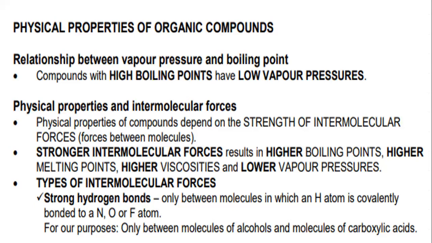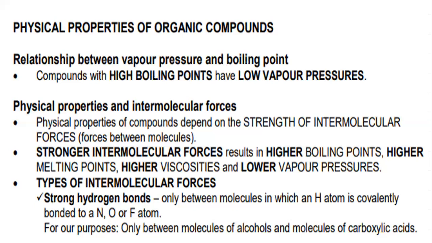Now, I know some of you read a lot and you are aware that, for example, in an aldehyde, for example, butanal, there are actually dipole-dipole forces. And I know some of you are well aware that there are also London forces. Why? Because butanal still has that hydrocarbon part of the chain.